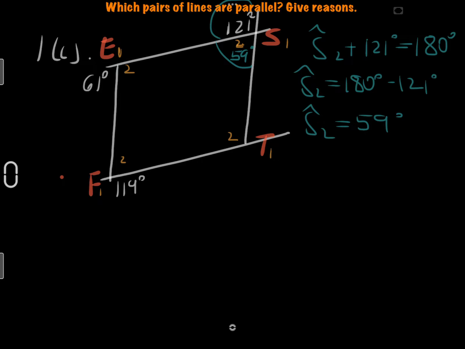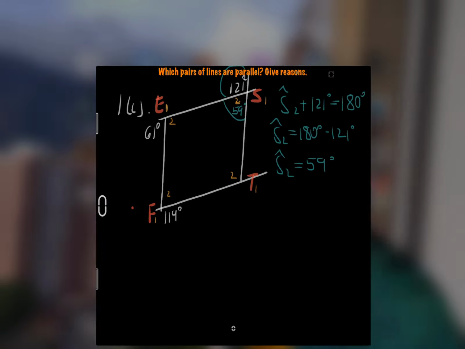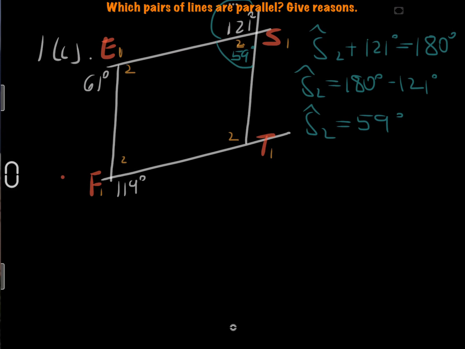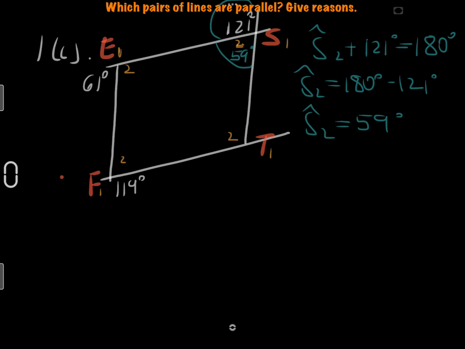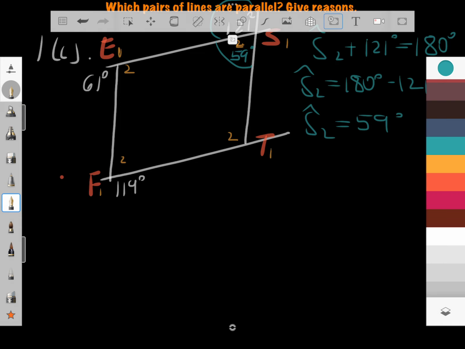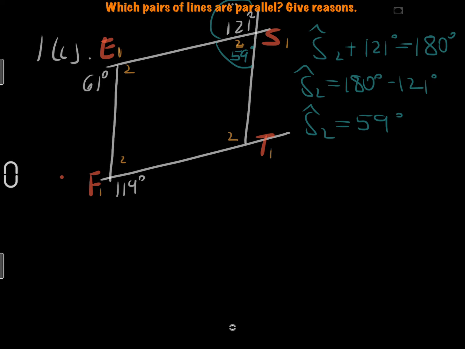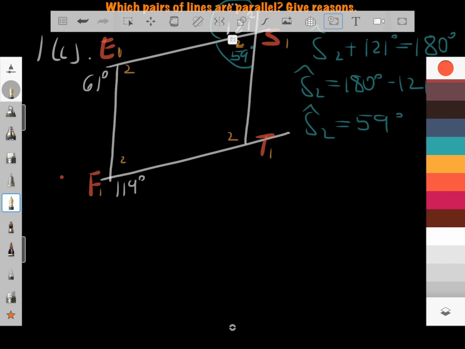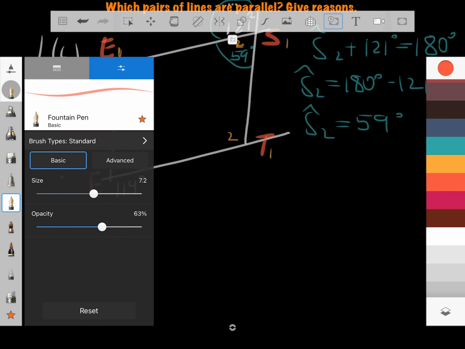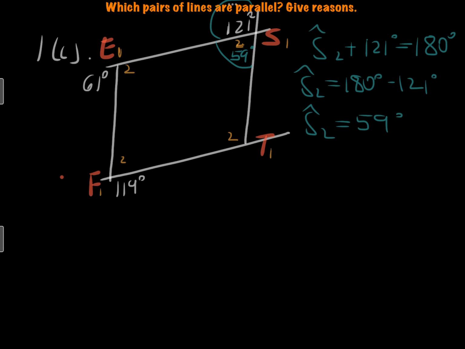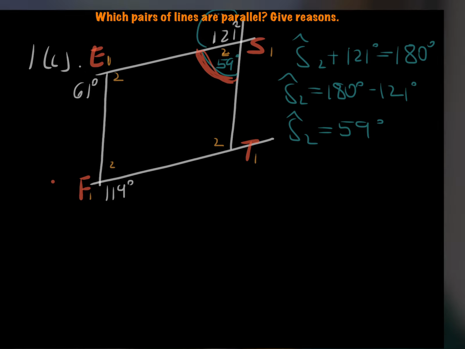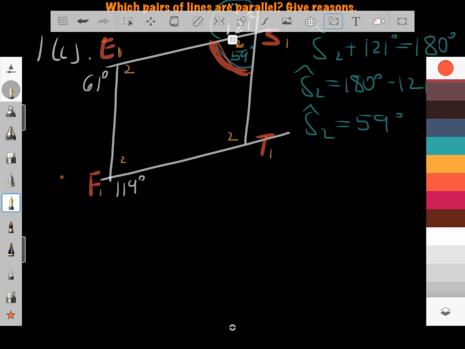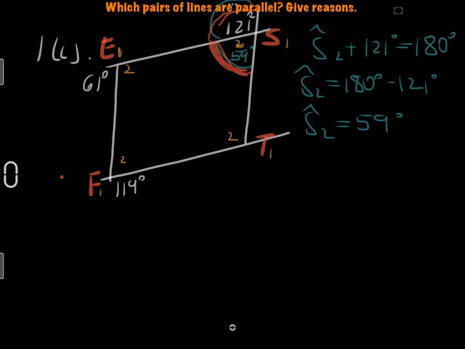So this angle here is an angle of 59 degrees. That's angle S2, only because the angles on a straight line, this angle plus this exterior angle, are supplementary.